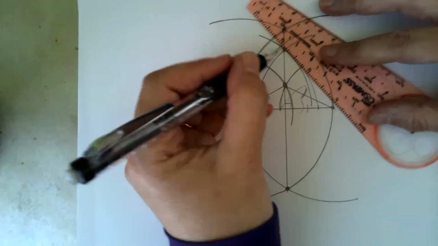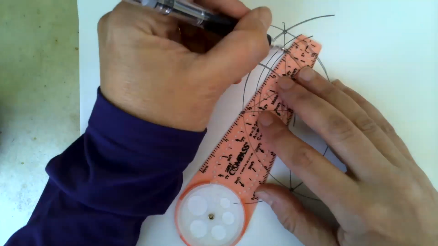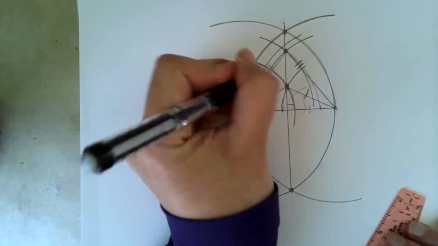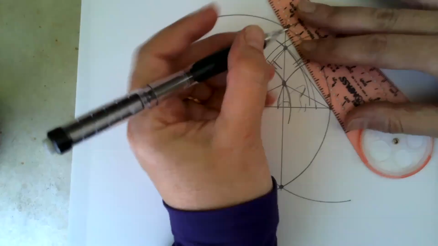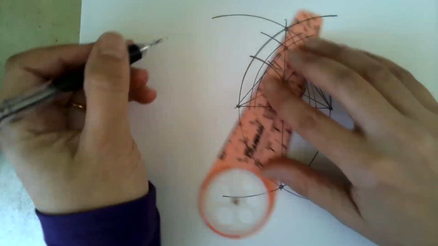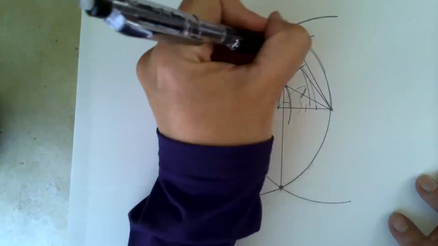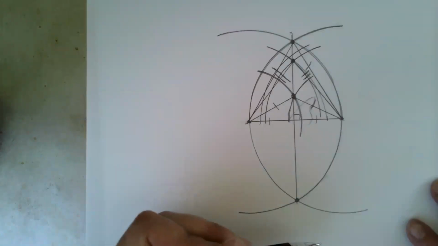And same thing, that means that this, and let's use geometry language, is congruent to that. And then finally, this is congruent to that, and so on and so forth for absolutely every single point on the perpendicular bisector.